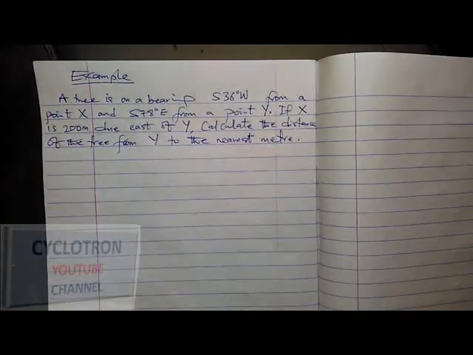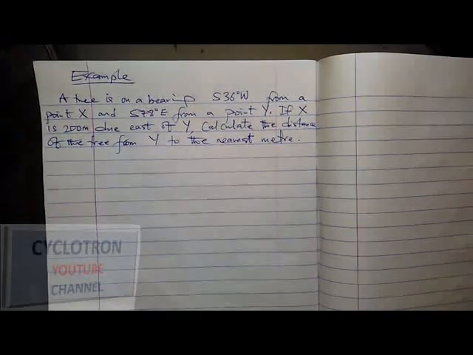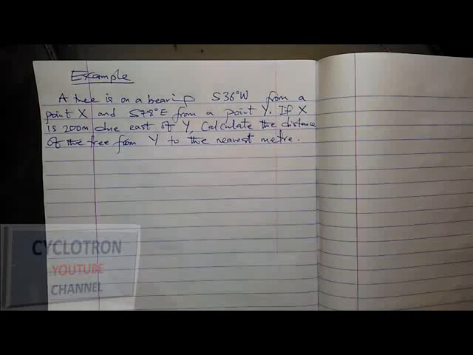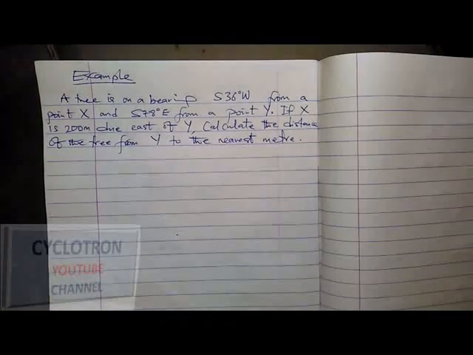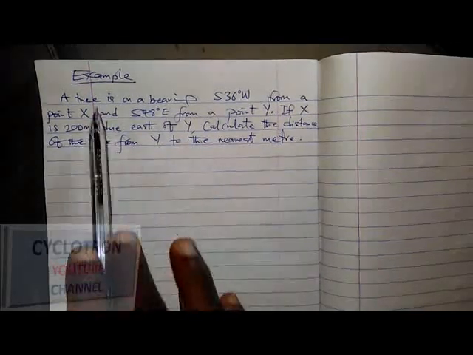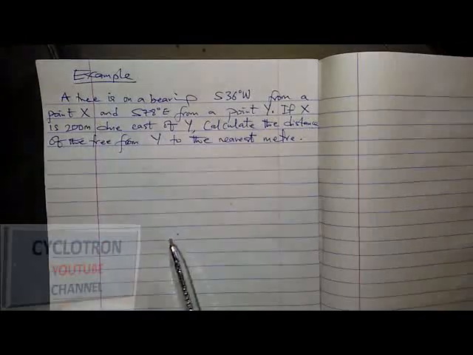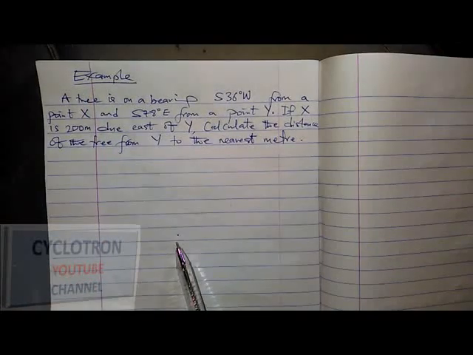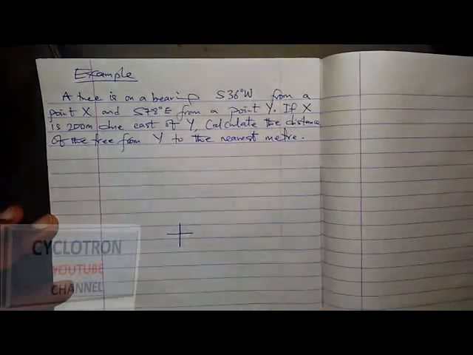So since we don't know on which side it will fall, when you want to draw your diagram, start from the middle of your space. Now they said a tree is on a bearing this from point X. Let's say this is X. You have to draw the coordinate.